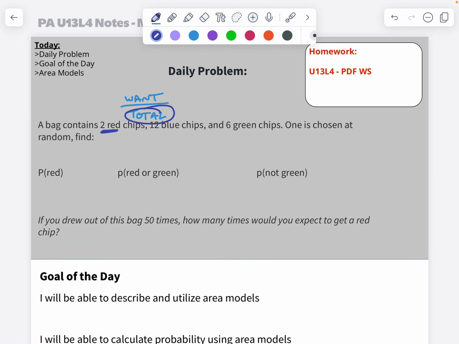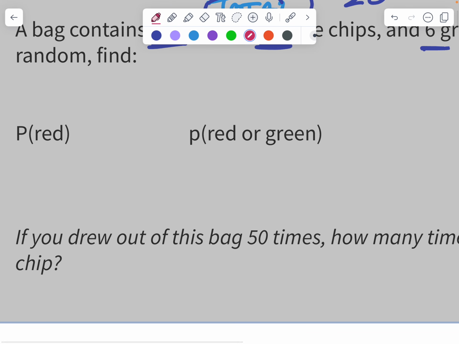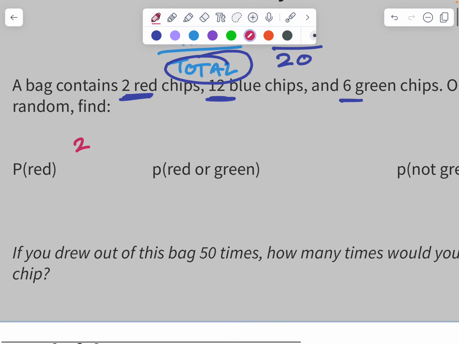A bag contains 2 red chips, 12 blue chips, that's 14 total, and then 6 more green chips. That gets me up to 20 on the bottom there. I want to know the probability of pulling a red. If you come to this carnival game and you pull a red chip, we'll give you a prize. Well, there'd be 2 ways to win out of the 20 total chips.